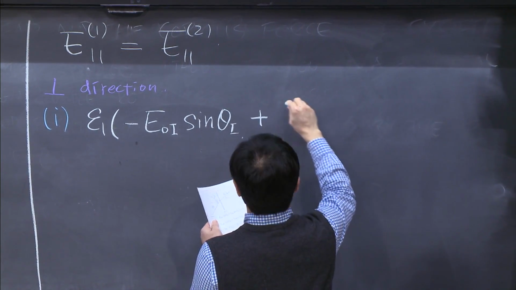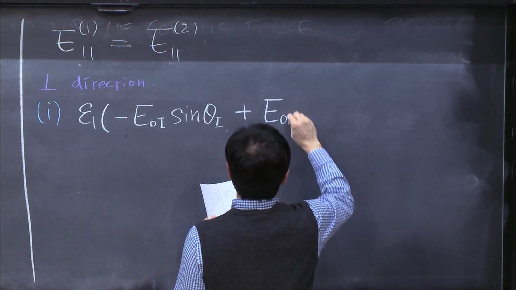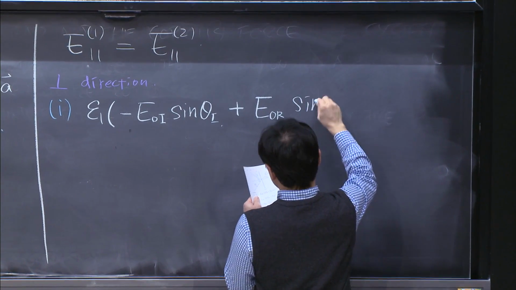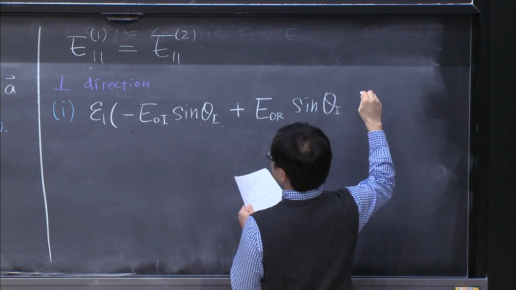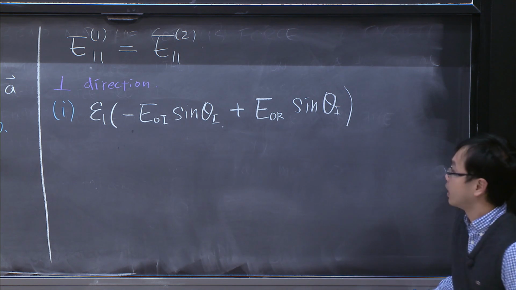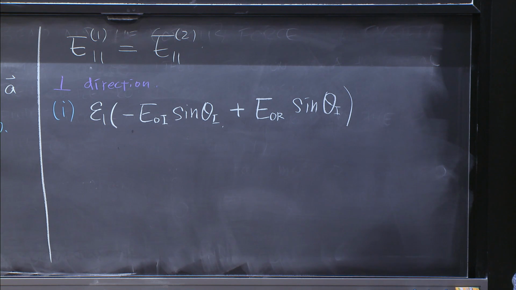And I have a second term, which is the contribution of the reflected wave, E0r sine theta I. Okay, so E0I and E0r without vector is just the length of the vector, in my definition.